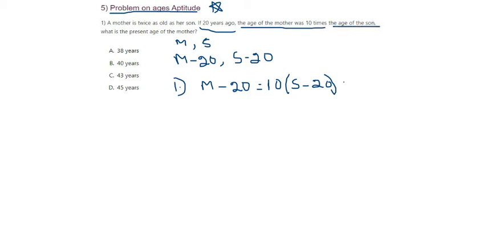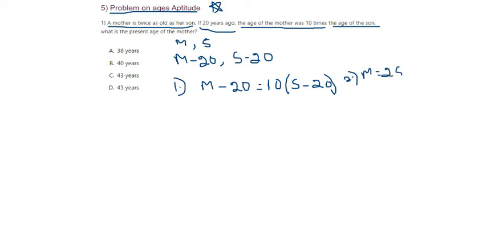So we formed an equation, and our second equation, let me write it more clearly, is: the mother is twice as old as her son. We should never miss that.